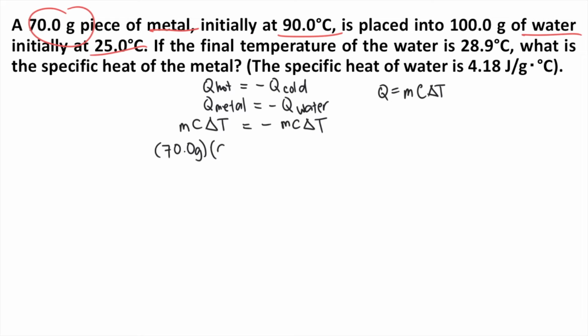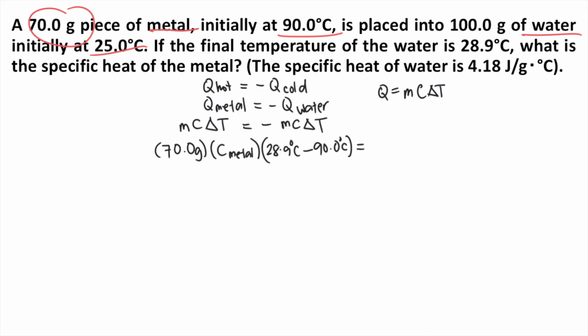So just write C of metal times the change in temperature. The change in temperature is final temperature minus initial temperature. So the final temperature is 28.9 degrees Celsius minus the initial temperature of the metal, 90.0 degrees Celsius. So we're done with the left side.